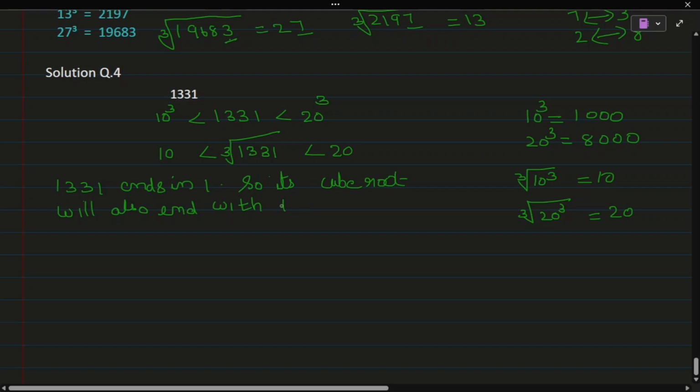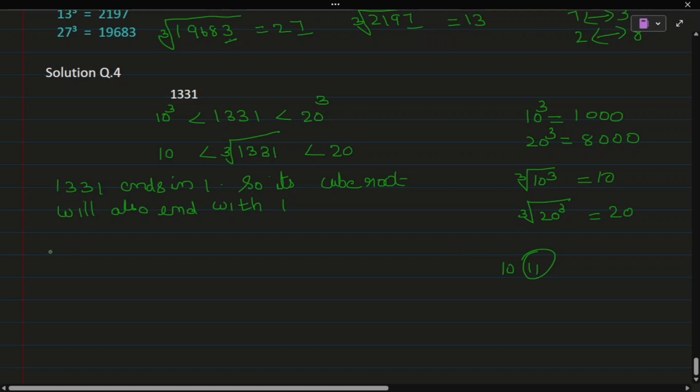So it is a 2-digit number. Between 10 and 20 the answer will come. That means it is a 2-digit number and the units place is 1. So between 10 and 20, 11 is the number in which the units place is 1.